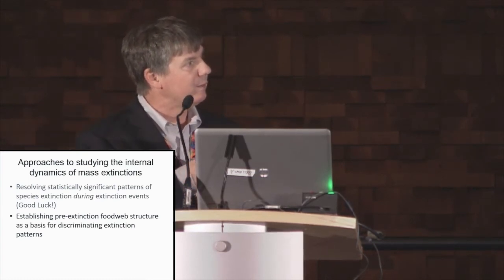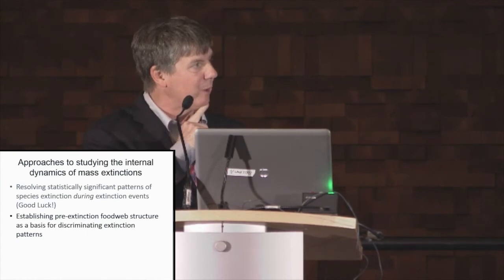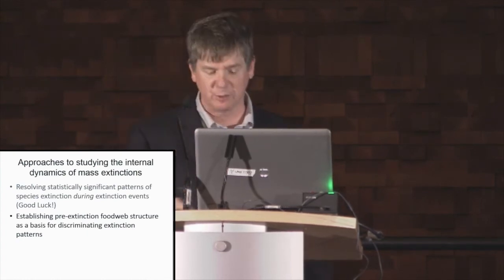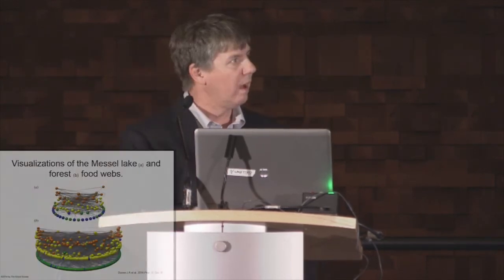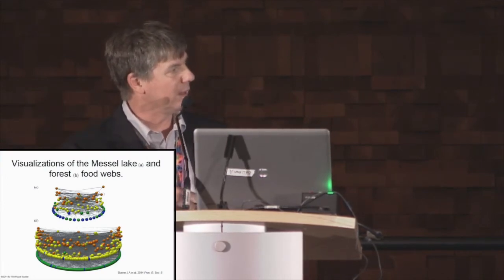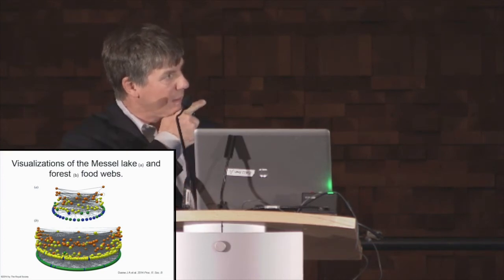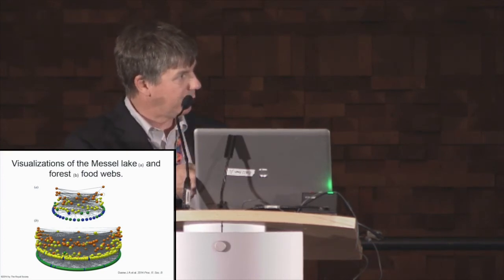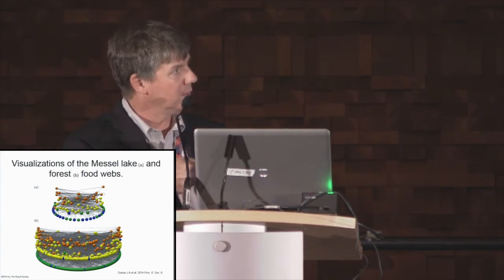An alternative is looking at pre-existing food web structure as a basis for discriminating extinction patterns. This is a paper from Jennifer Dunne and Conrad Labandeira and their colleagues looking at the Messel Lake in Germany. This is a lake and a forest food web.